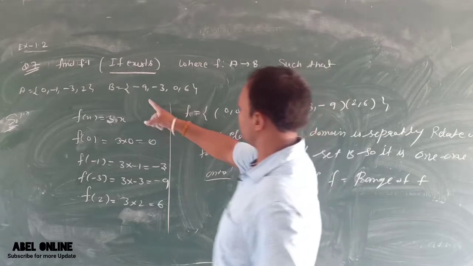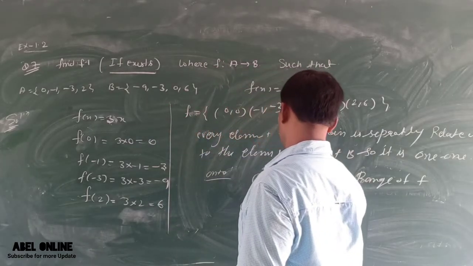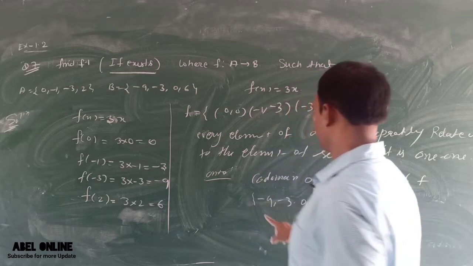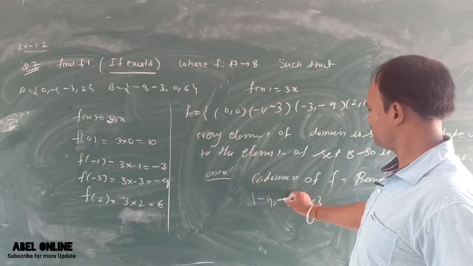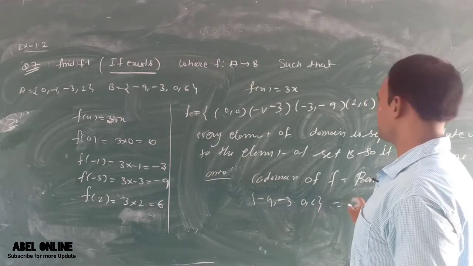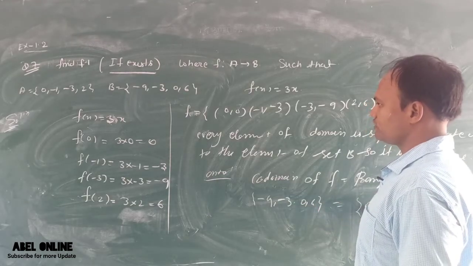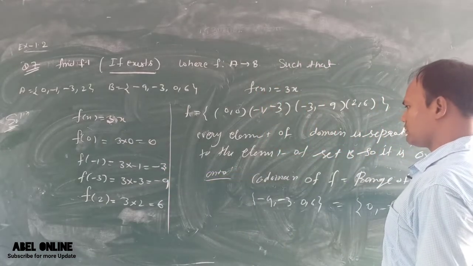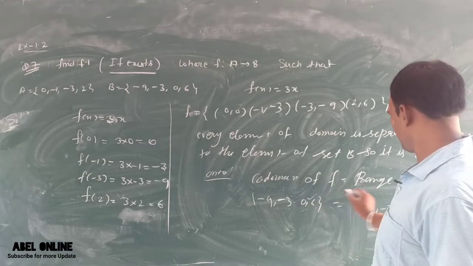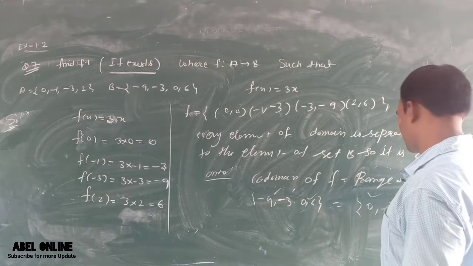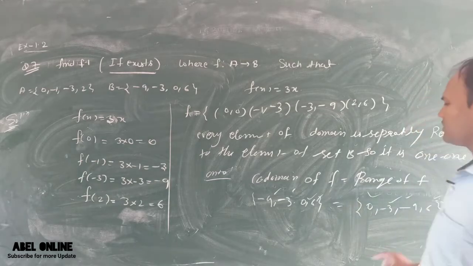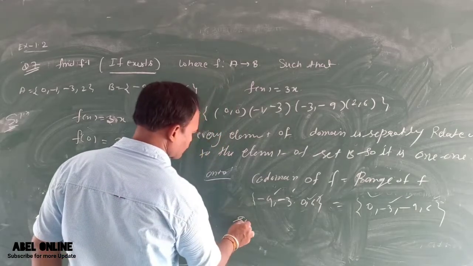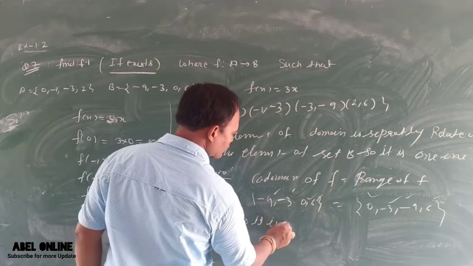The codomain's elements are -9, -3, 0, 6, and the range of this is 0, -3, -9, 6. It means codomain is equal to range. So it is onto.